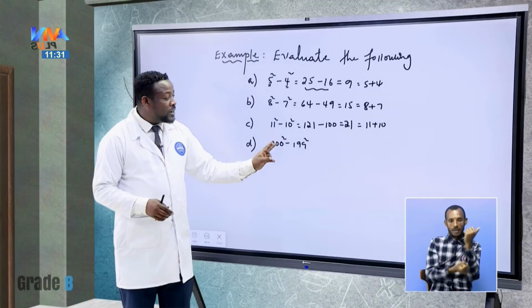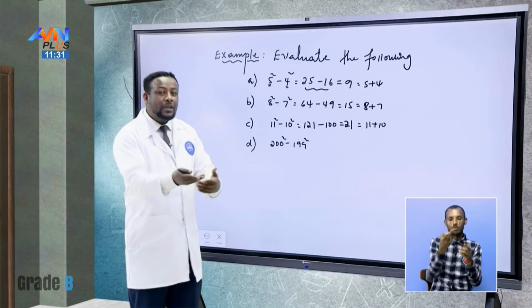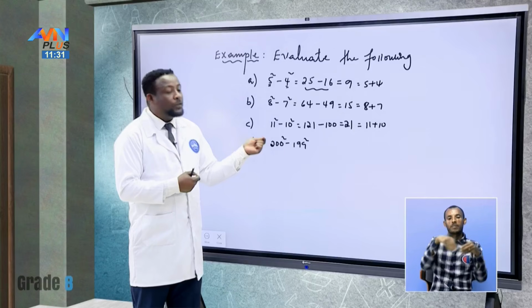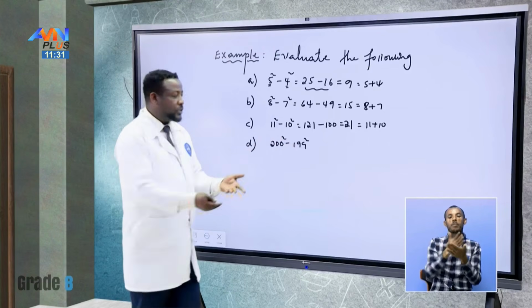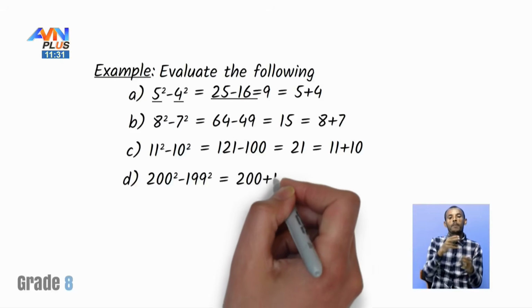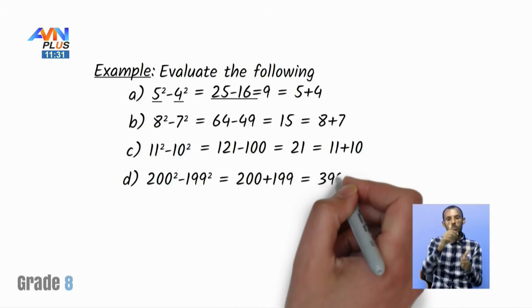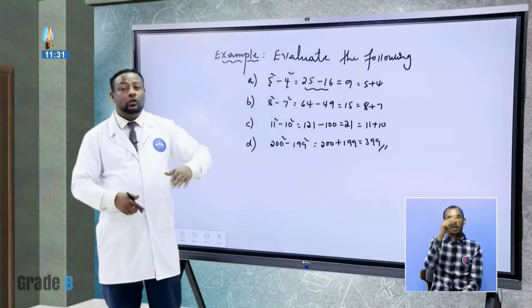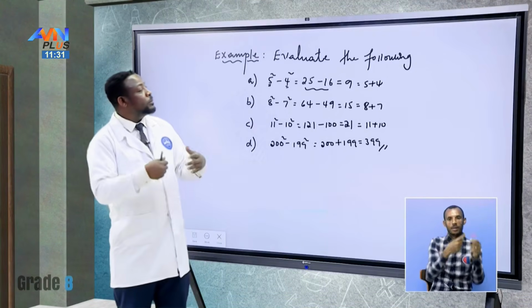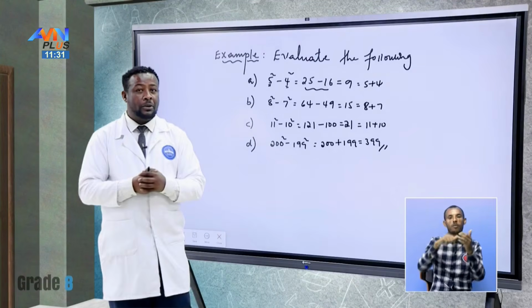You have 200, you have 199, you can directly add them. That gives us the difference between these squared values. So this is simply 200 plus 199, the result is 399, okay? You can use this simple technique to calculate the difference between the squared values of some consecutive natural numbers, okay?